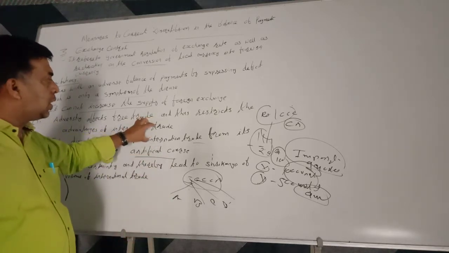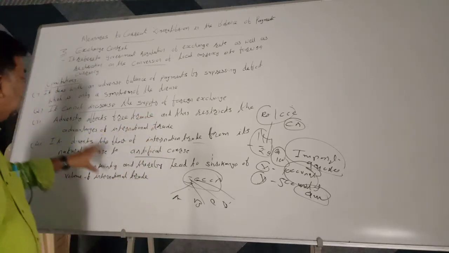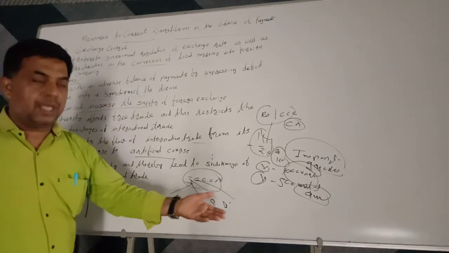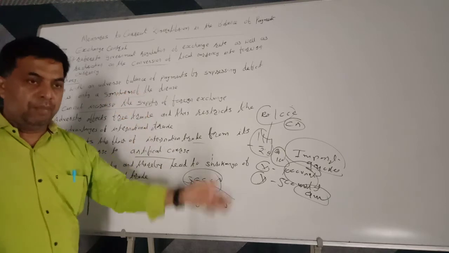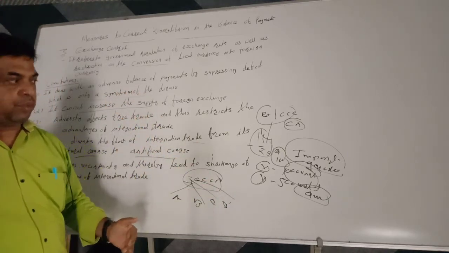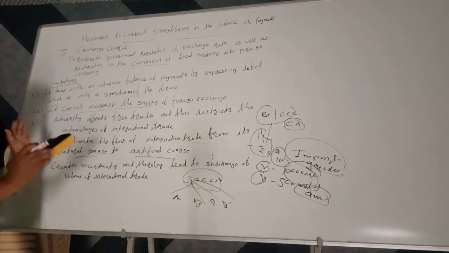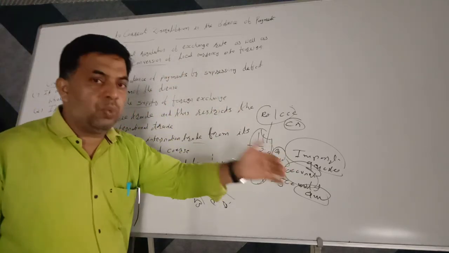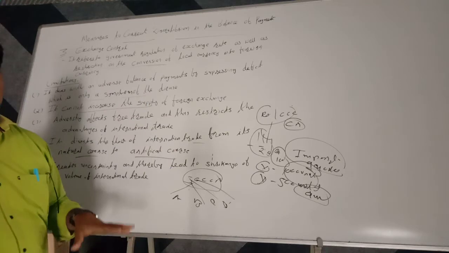You are trying to restrict the advantages of international trade when you are not giving license to import for a particular product. What you are doing, you are diverting international trade from its natural course to artificial course. Getting my point?